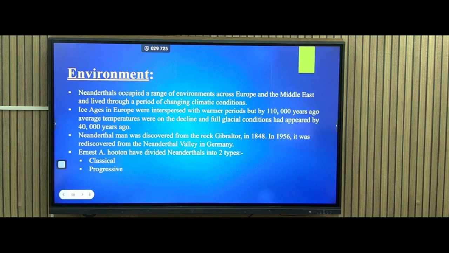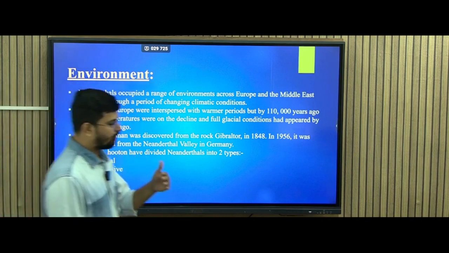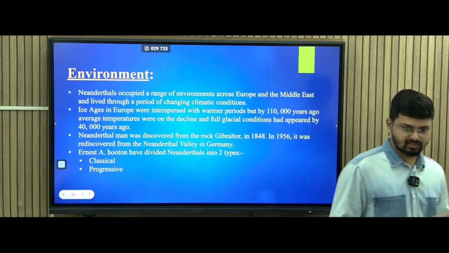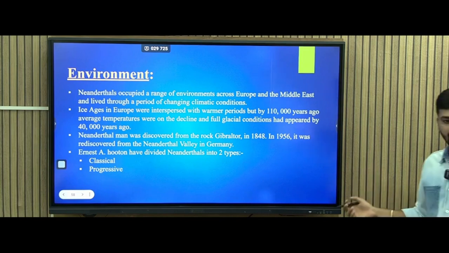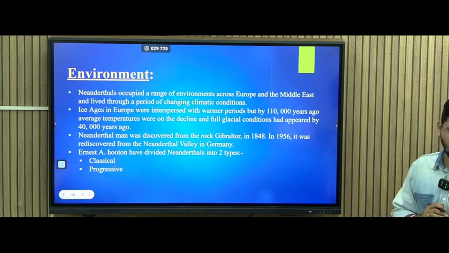So they survived different glacial and interglacial periods. 40,000 years ago was the last glacial period we noticed, and at that period you can see Neanderthals being present. Before that they lived in warm environments also, but later on they survived the cold environment as well. But the problem was that they were more adapted to the cold.